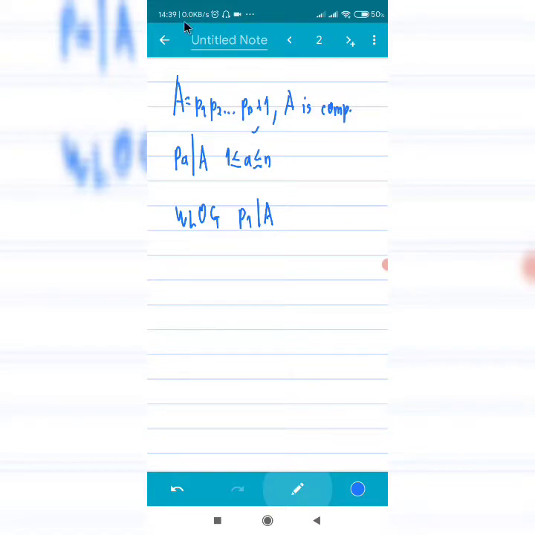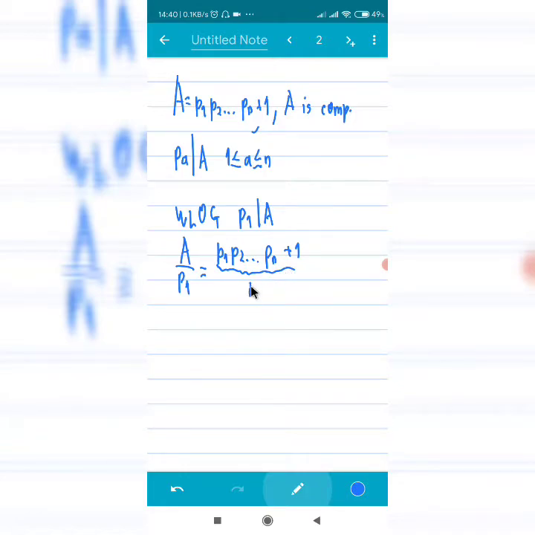So we're going to set up an equation regarding A and the divisibility by P1. We have A over P1, and notice this is an integer because we just said that P1 divides A. We derived A as P1 times P2 times all the way to Pn, plus 1, all over P1.